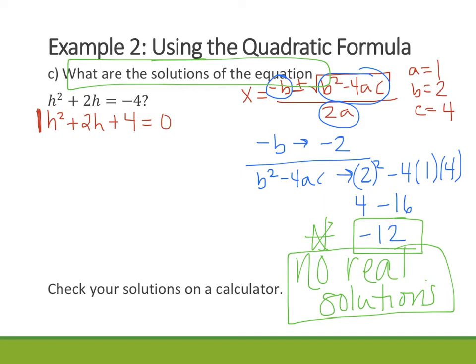Again, the discriminant is used to help us to determine what type of solutions and the number of solutions that we have, so that if we don't have any real solutions, we can just stop because there's no need to continue.